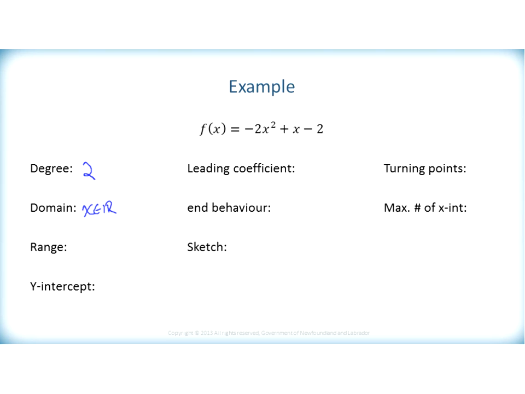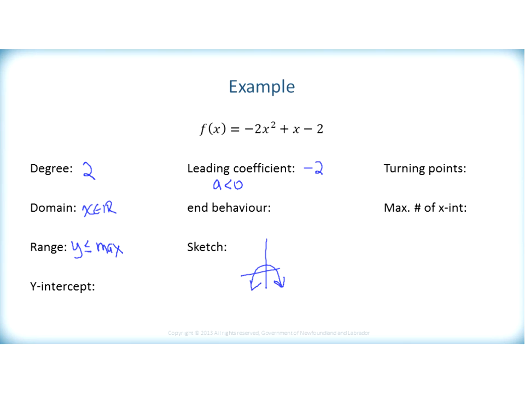The leading coefficient of this one is -2, which means that A is less than 0. So it means that it would open downward. That gives us the range being y is less than or equal to its maximum.